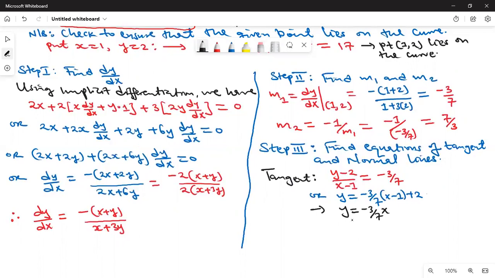What is 3/7 plus 2? That is 17/7. So plus 17/7. Any form is okay, whether you leave your answer as (y minus 2) over (x minus 1) equals negative 3/7, it's still okay. You don't even have to write it in the form of y equals mx plus c. That's still the correct equation of that tangent line.